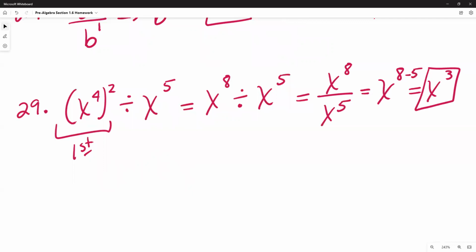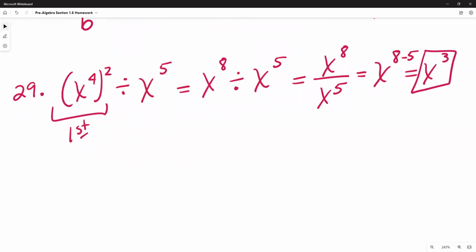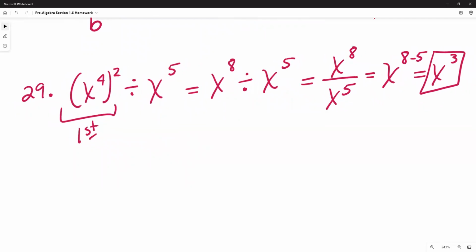Which we call what? Cubed. You had it earlier. Okay. Yes. So x cubed is our answer.